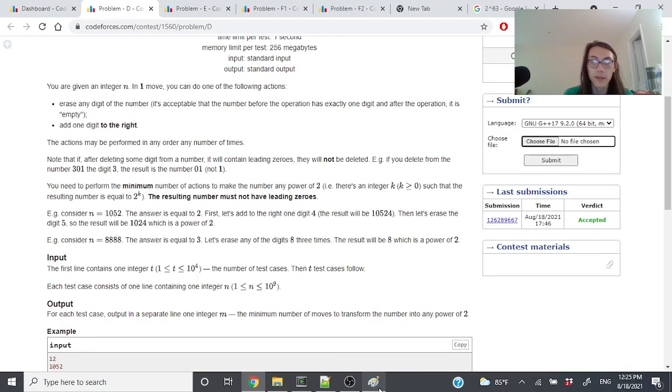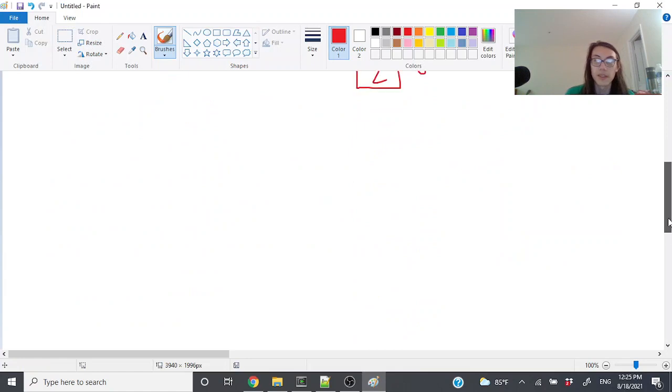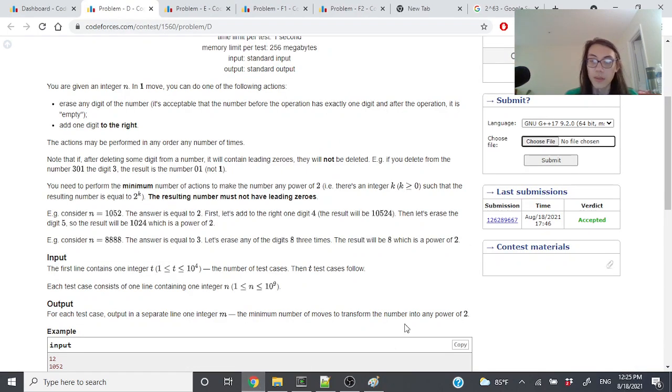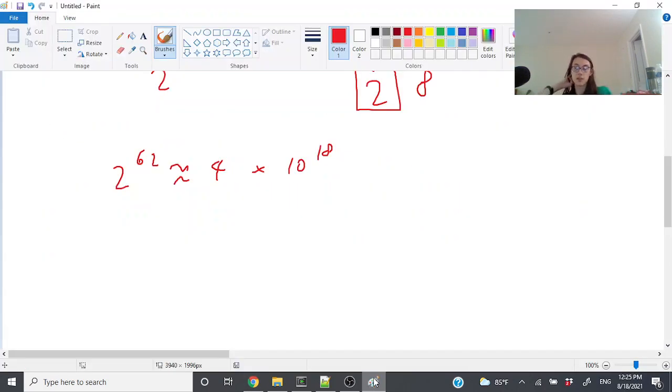So the point is, there aren't that many powers of 2 we're considering. I iterated up to 2 to the 62, which is 4 point something times 10 to the 18th, sorry. And that's fine. Or it got accepted, at least.